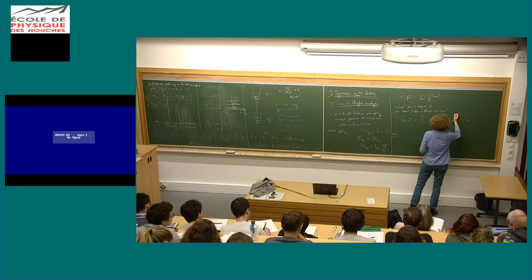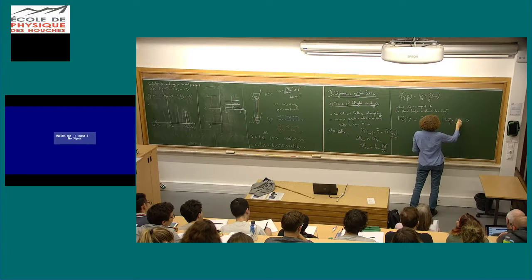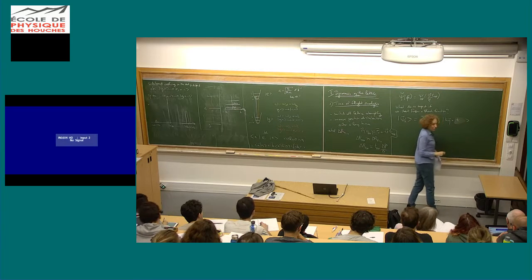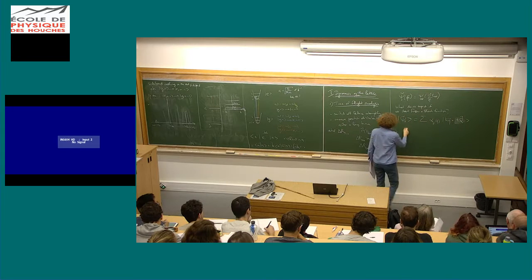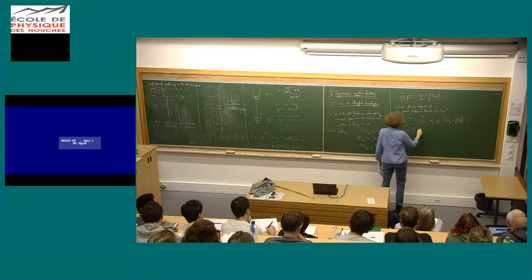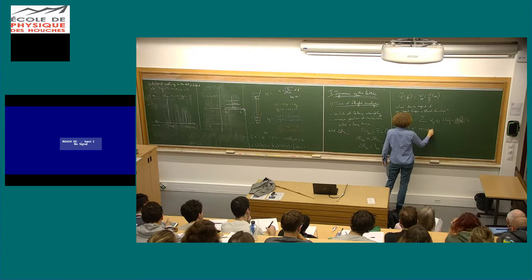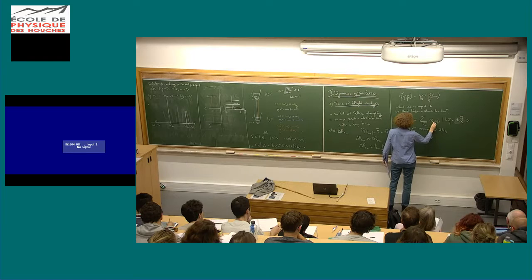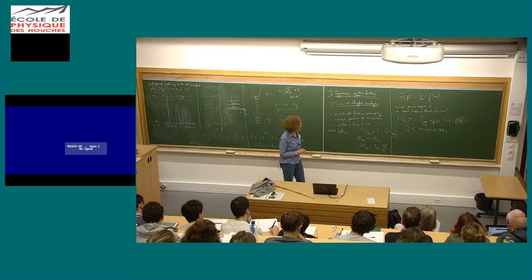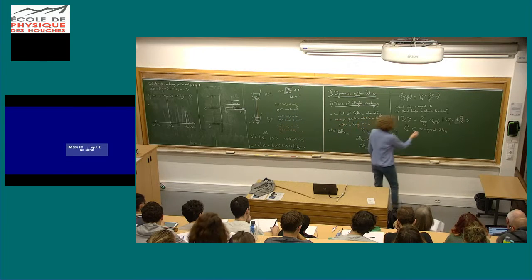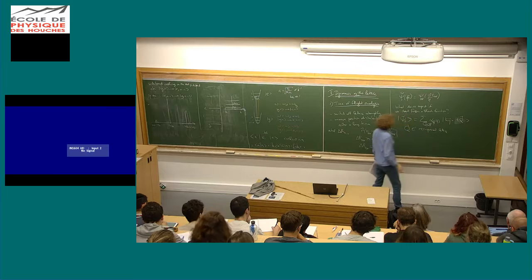Let me write it h bar q, where q belongs to the reciprocal Bravais lattice. So it's a sum over the q's, and so it's an index q here, because I did it in 1D. So this is a formula for 3D. Q is in B prime.